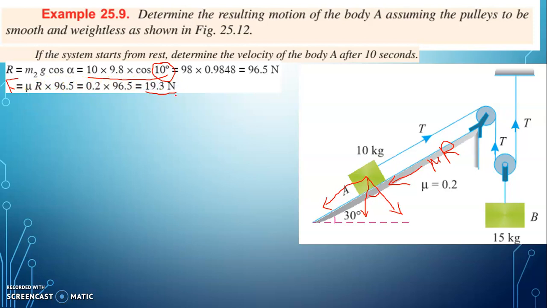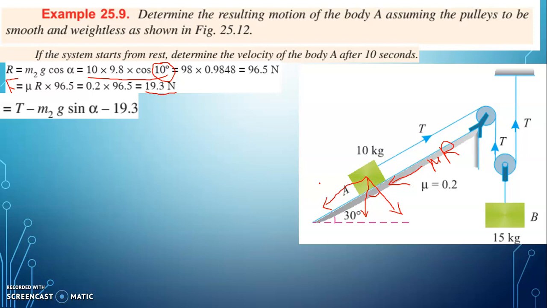Okay, so we got the frictional force, and other forces acting on will be T towards right direction and 10 into 9.8 into sin theta towards left direction. So we will be calculating the net force acting on the block. As the block is moving towards right, we will be taking the force towards right as positive.